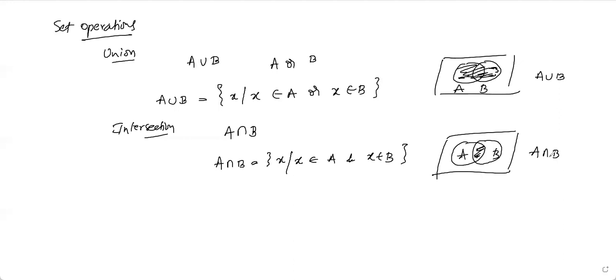If you recall, the sets A and B are said to be disjoint, or non-intersecting, if they have no elements in common. So A intersection B is the null set, or the empty set.